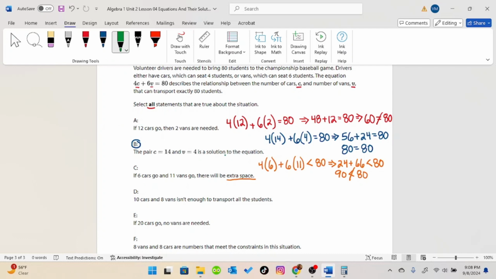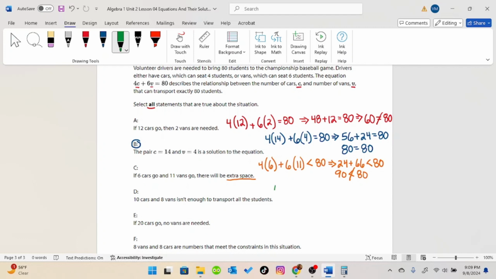Choice D. 10 cars and 8 vans isn't enough to transport all the students. So this would mean that 10 cars and 8 vans would carry less than 80, meaning there's not enough to transport all the students.